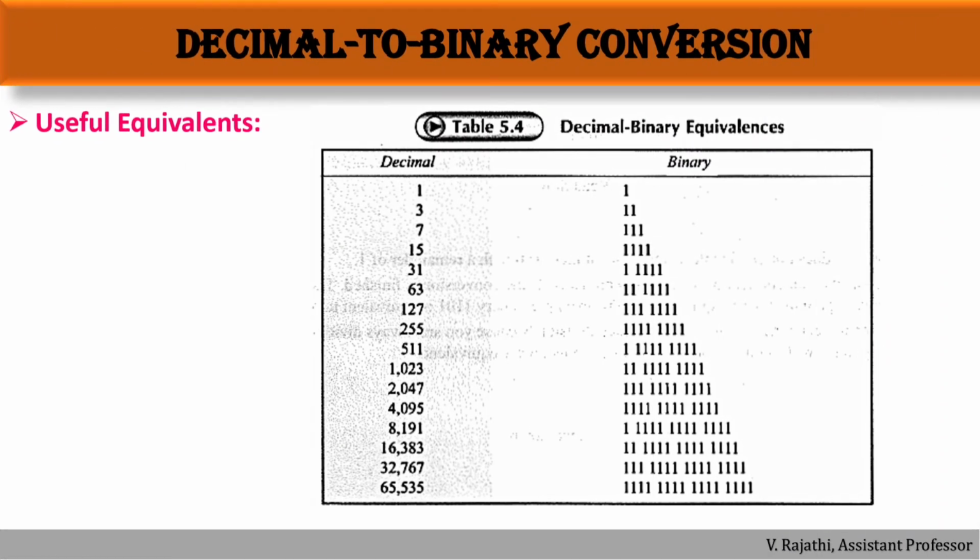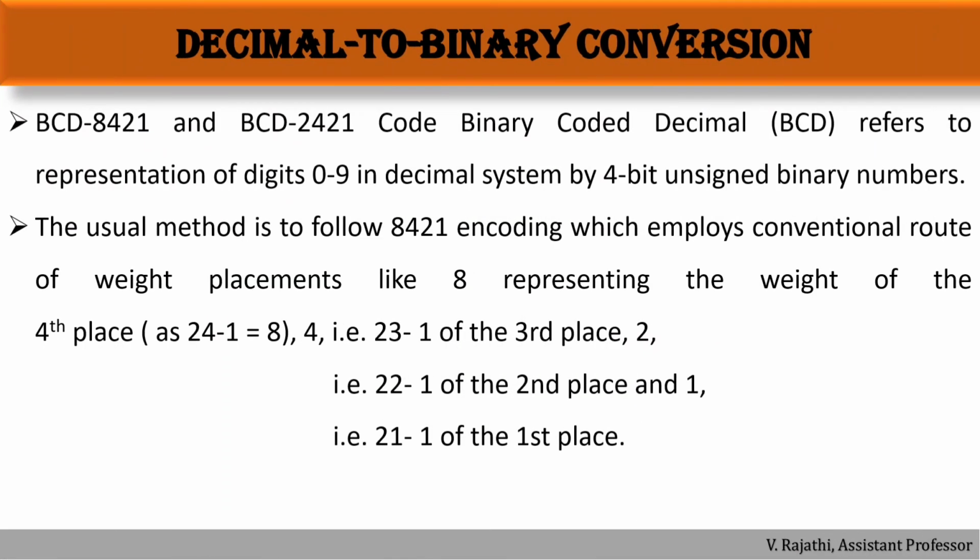This is the table of binary to decimal equivalence. The corresponding values of decimal and binary are given. Next, BCD 8421 and BCD 2421 codes. BCD, binary coded decimal, refers to representation of digits 0 to 9 in a decimal system by 4-bit unsigned binary numbers.